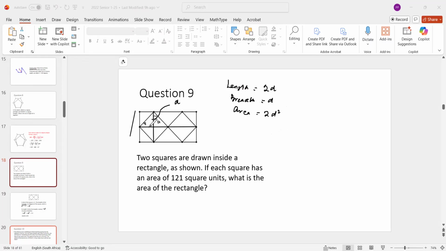But D squared is 11 squared plus 11 squared. Because it's a right angle triangle.